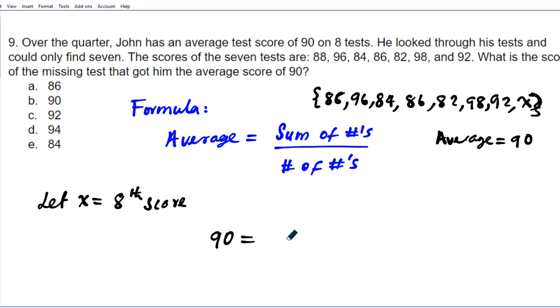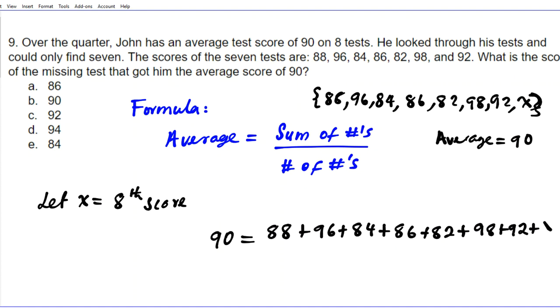Alright, so we want to find the sum of numbers. We're going to add 88 plus 96 plus 84 plus 86 plus 82 plus 98 plus 92 plus the last number, which is x. That's the sum of numbers, and then we're going to divide that by the number of numbers. How many numbers are we dealing with here?